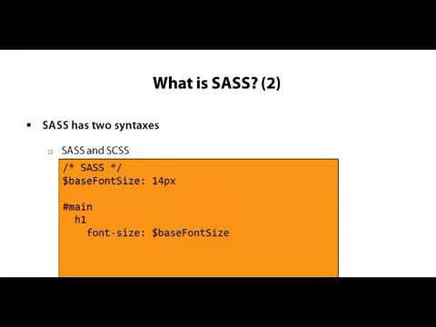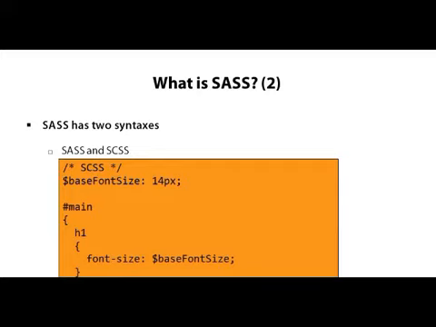And so they created a second syntax which is much more common, and it's going to be the one we're going to cover in the whole course. This syntax, called SCSS, looks and feels like CSS. It uses curly braces to imply structure, semicolons on the end of lines, etc. Much like the same sort of syntaxes that you're used to using in CSS today.